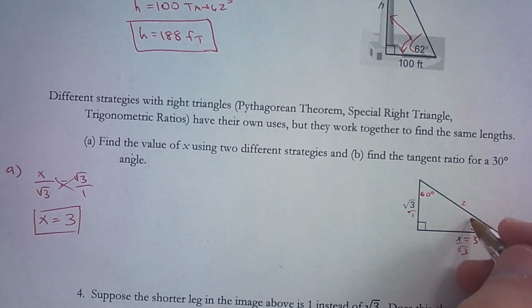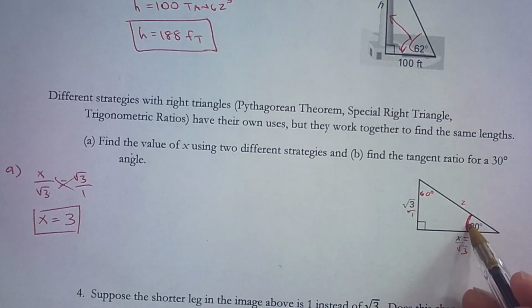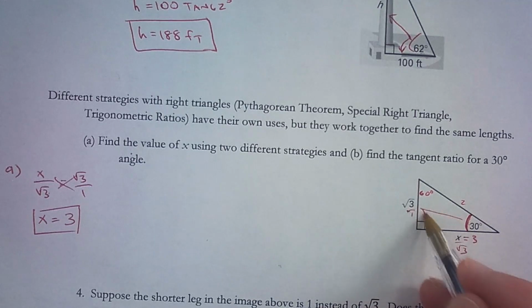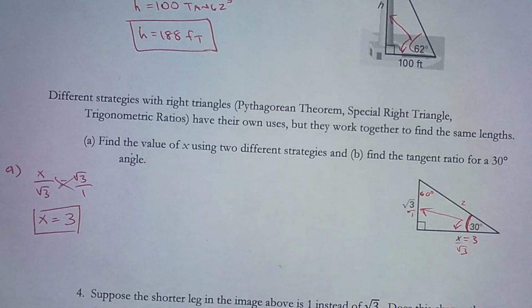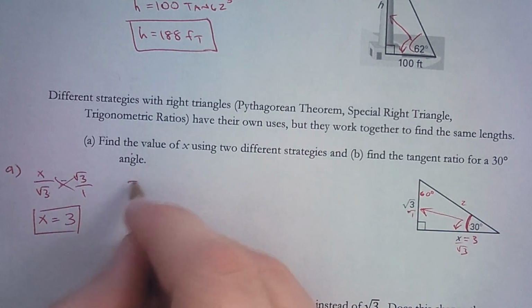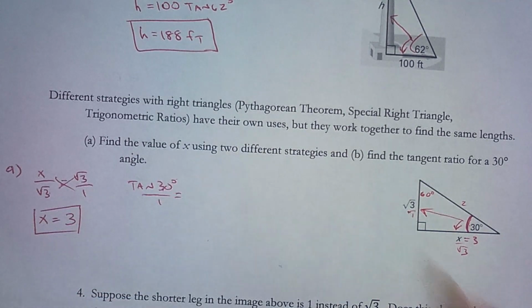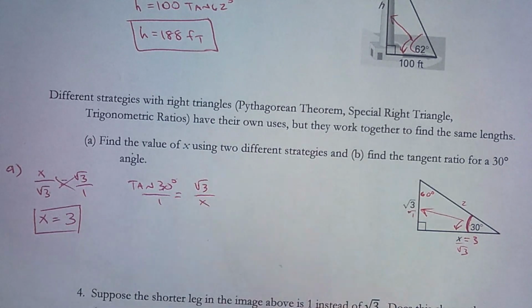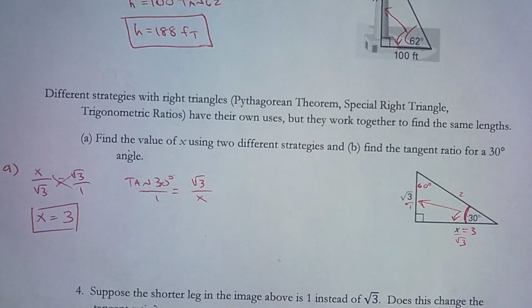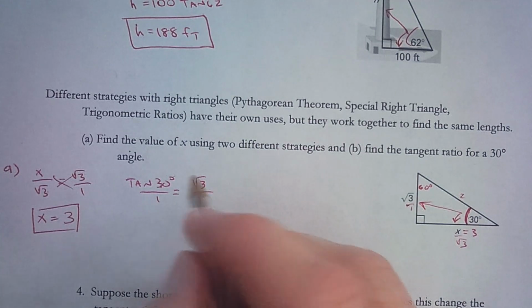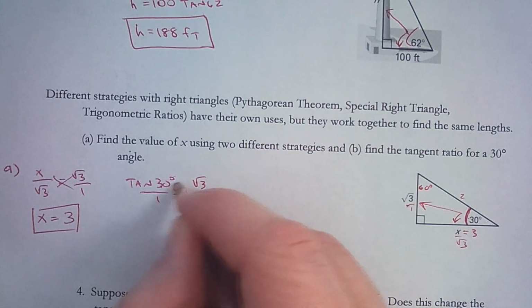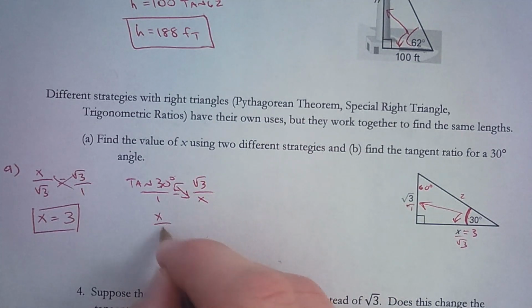So now I'm going to use the tangent ratio. Here is my angle, and here's the opposite leg and the adjacent leg. So tangent 30 degrees is to 1, as the opposite leg, square root of 3, is to the adjacent leg, x. Okay, now when I have an x in the denominator, I want to switch these and divide.